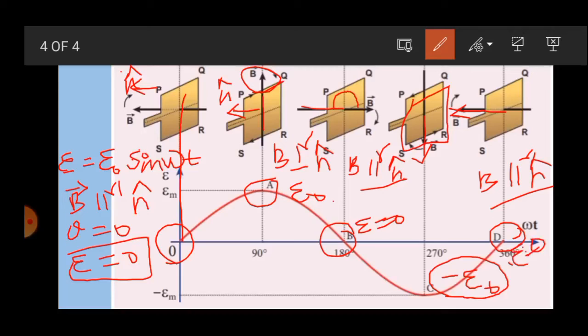From the graph, it is clear that the induced EMF in the rectangular loop PQRS is alternating in nature. Are you clear, children? So when the field magnet completes one revolution, that is one complete rotation of 360 degrees, the induced EMF in the rectangular loop PQRS goes through one cycle.